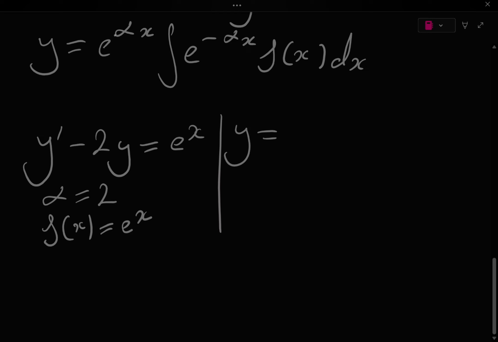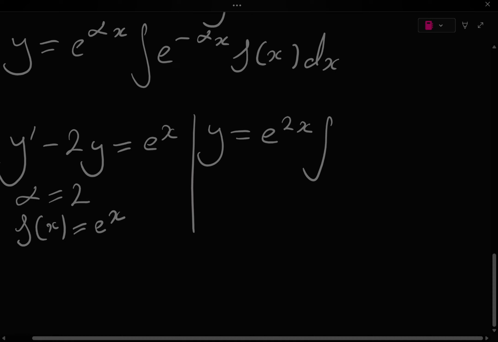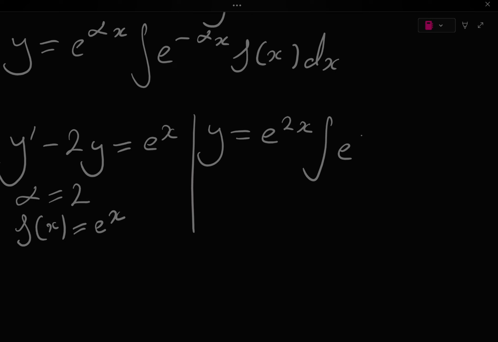Y equals e to the 2x times the integral of e to the negative alpha x, where alpha is 2, we'll substitute 2x, e to the x dx.